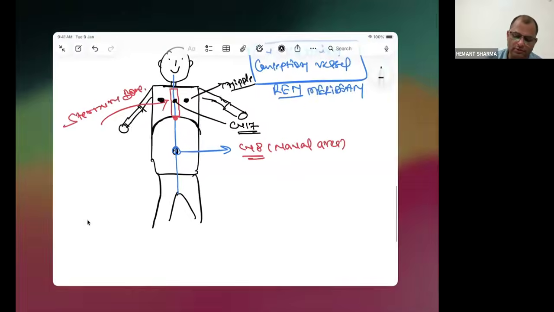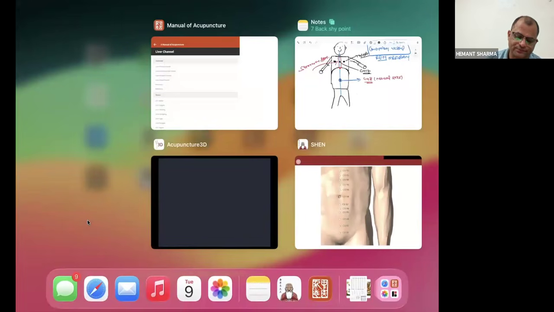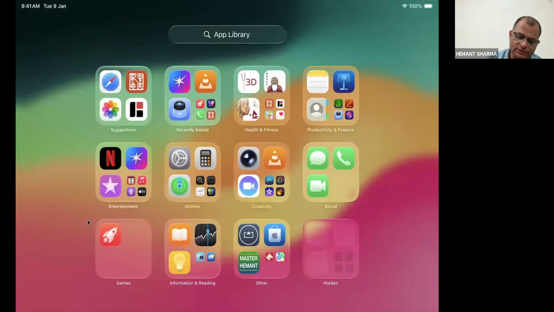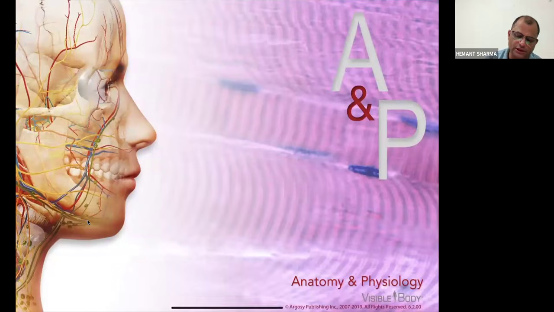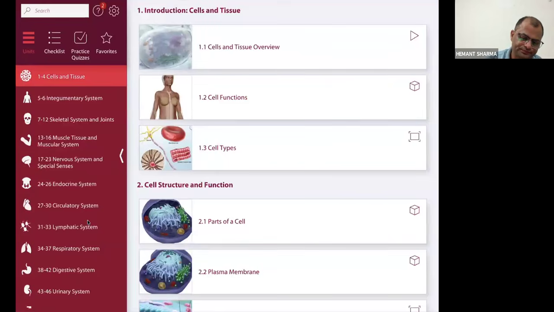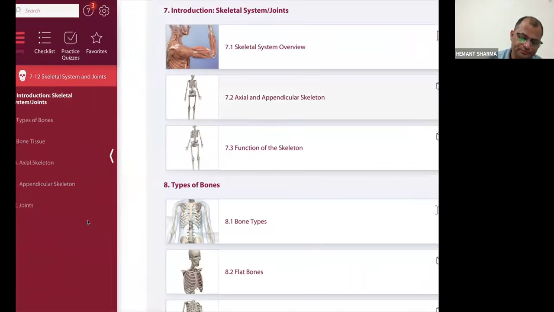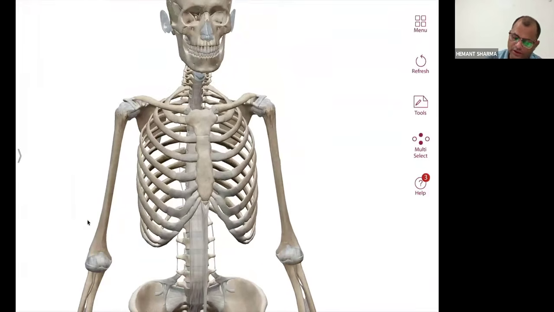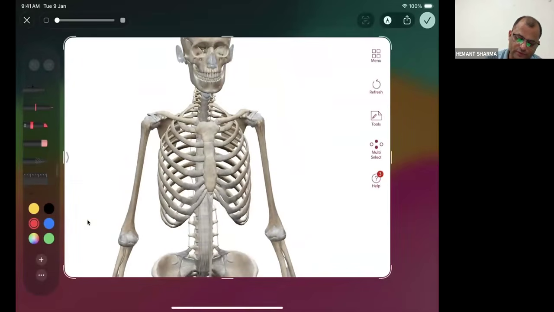Now look at the sternum bone. Let's see the sternum bone in the other image. This is the sternum bone. The point exactly on the upper end of the sternum bone is CV22.